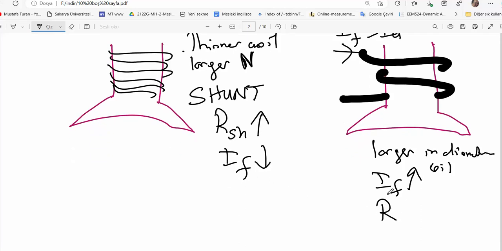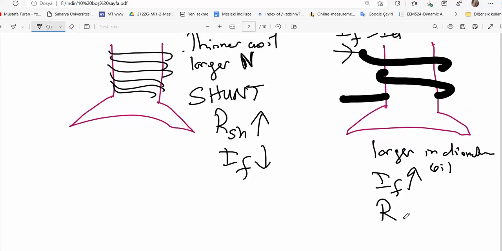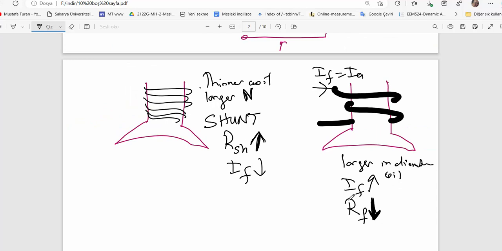So to eliminate losses, the series field coil must have a resistance as low as possible, as small as possible. Here we prefer as high as possible. Now you should make a proper design to have it as small as possible. That is a different machine. The terminal labels are F1 and F2, but here the terminal labels are S1 and S2, series 1, series 2.